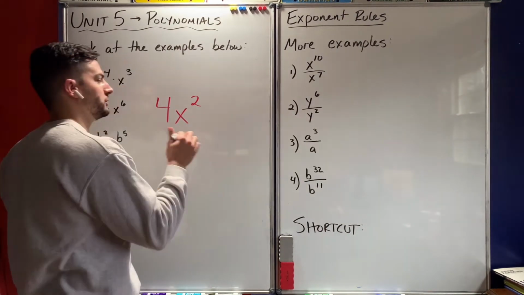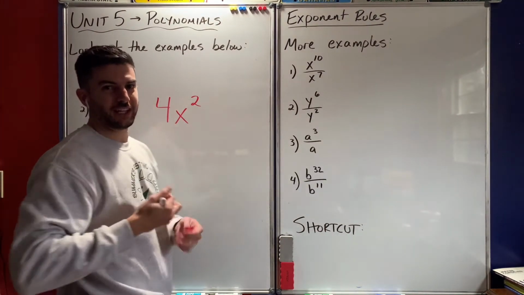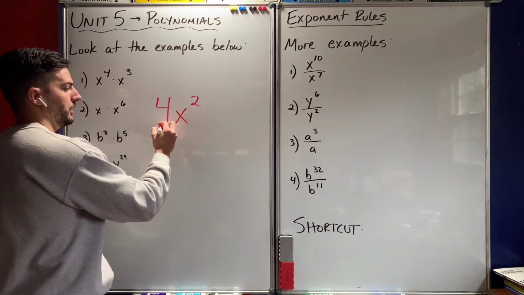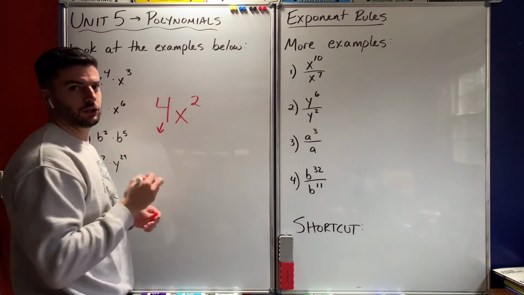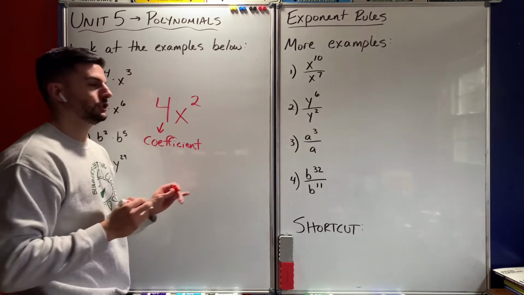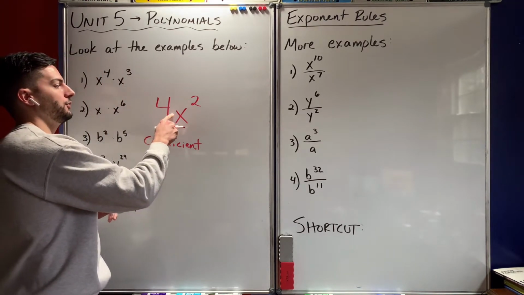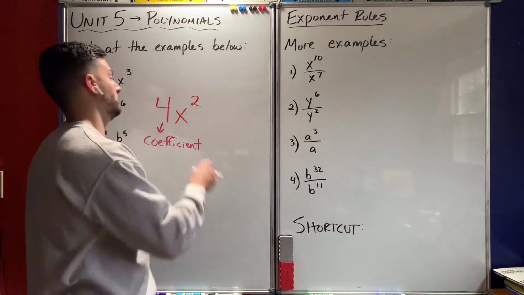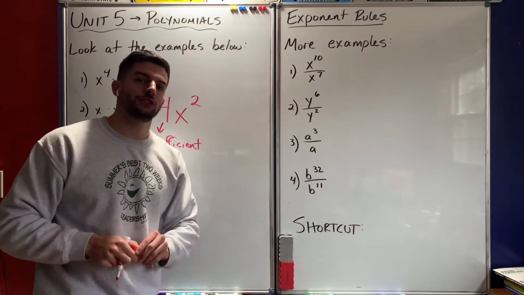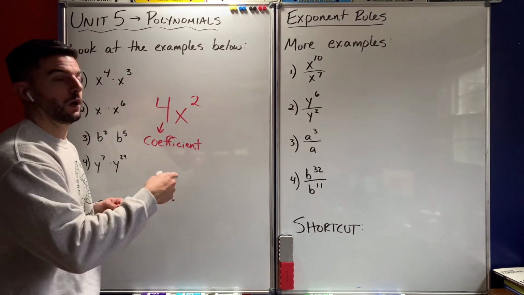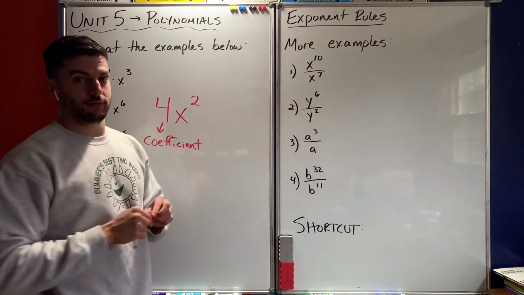Just before we jump in here, just really quickly, going over some terms. When I say these words, you know what I'm talking about, right? So this big 4 out in front, you might have heard this word already, but it's called the coefficient. And coefficient just means it's a number multiplied by a variable, right? So it would be the number out in front of the x. You notice that none of these have coefficients on them, and that's okay, but the examples that we'll do later do have coefficients.